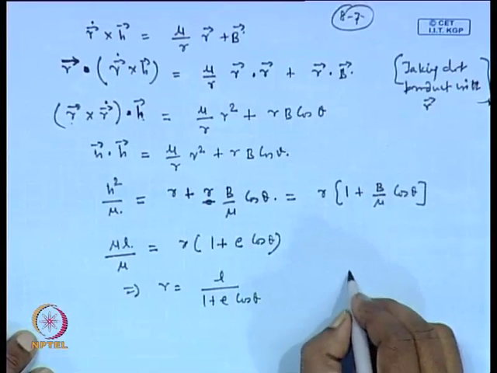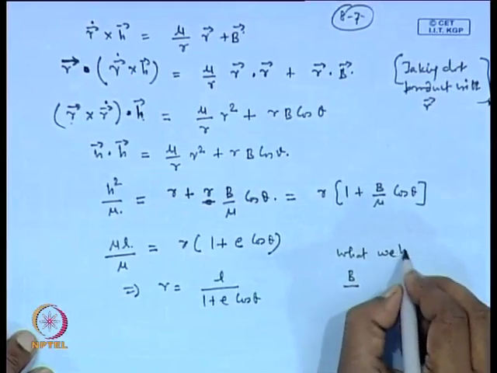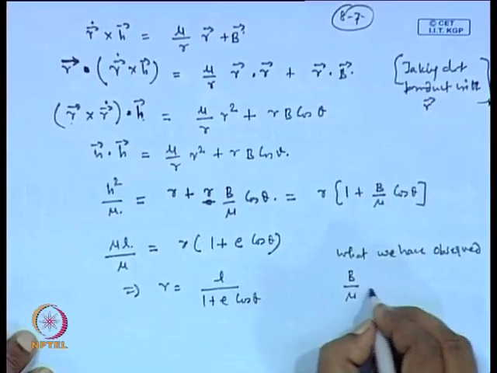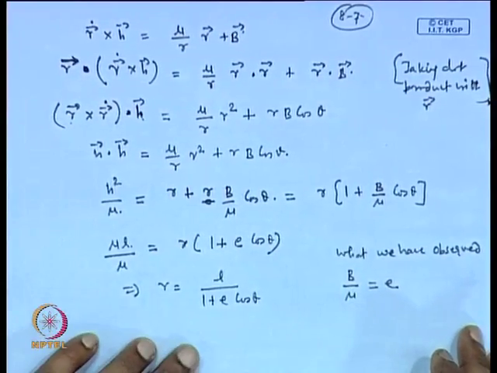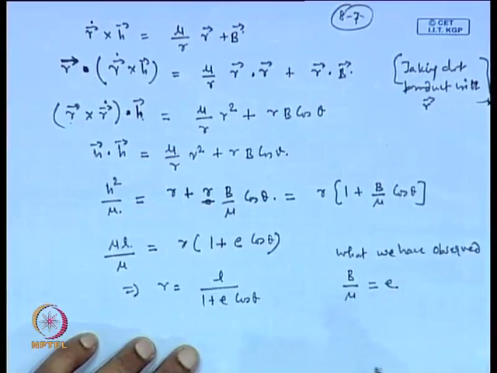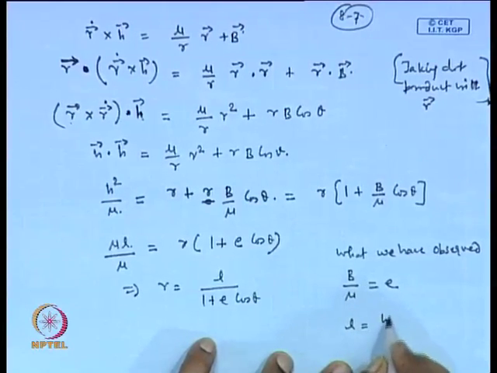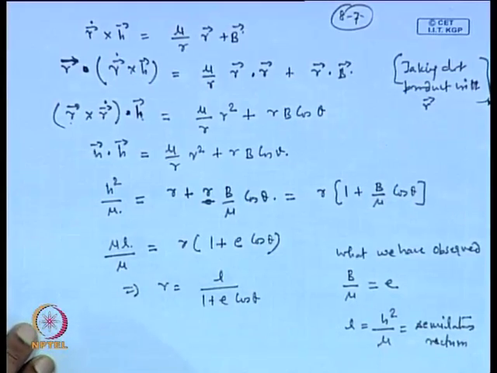What we have observed is that b by mu is nothing but equal to E. And L we have defined as h square by mu, which is the semi-latus rectum. So, this is the parameter of the orbit.